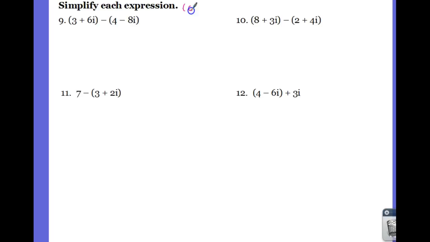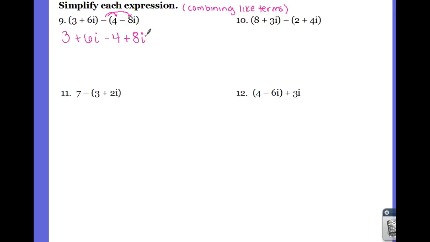For these, we are just combining like terms. So that means we're taking order of operations. We're dropping the parentheses by distributing some negatives. So I have 3 plus 6i minus 4 plus 8i.